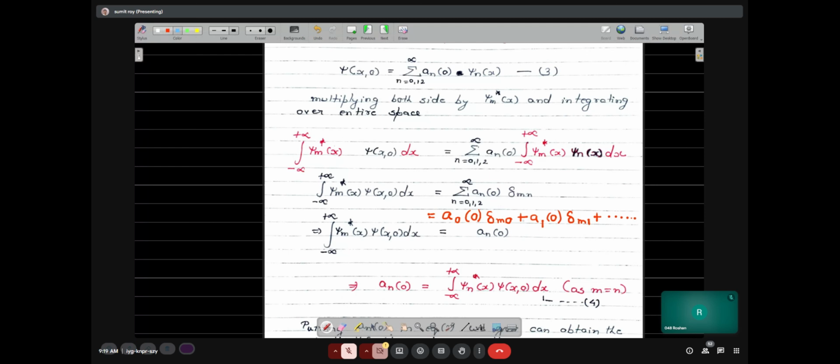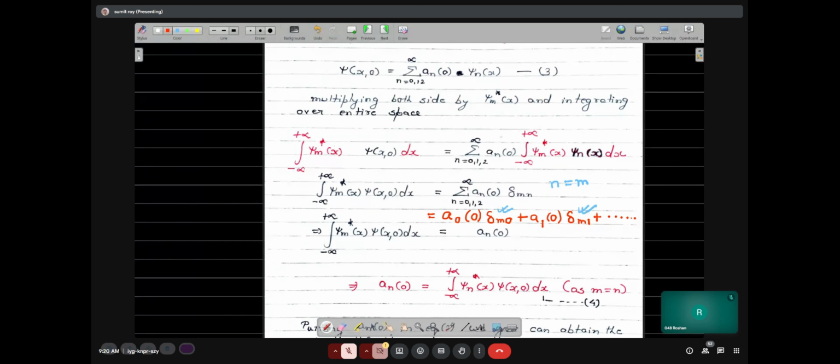What will be the value of this term? 0. Which term will survive? Only when n is equal to m.